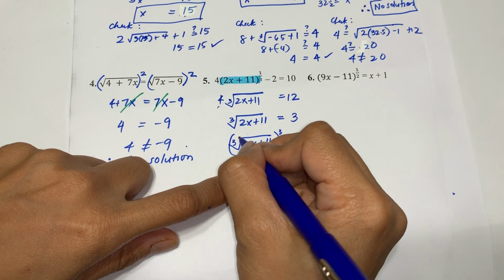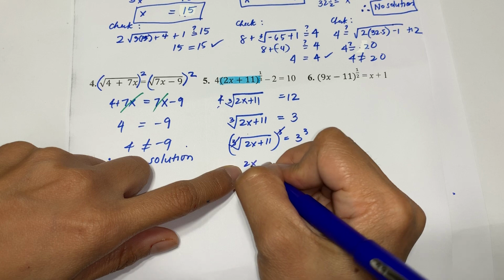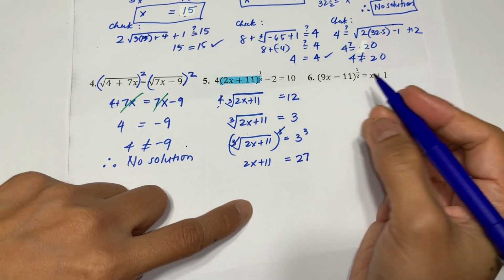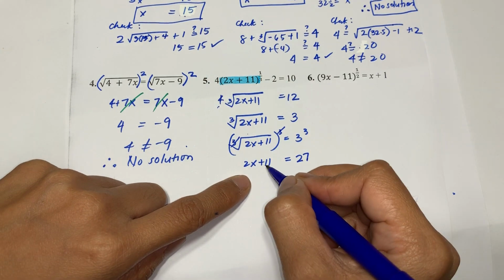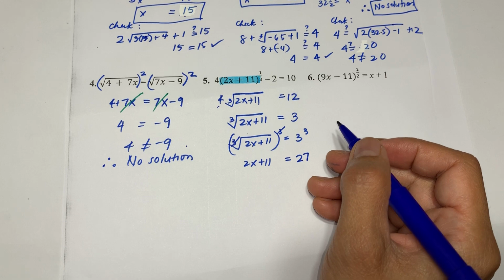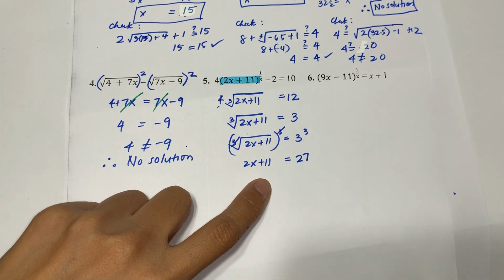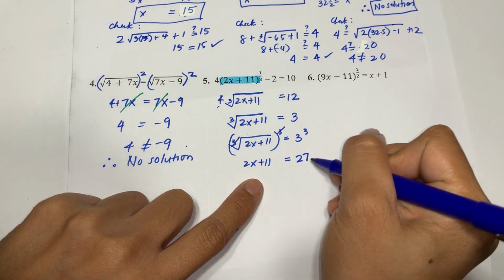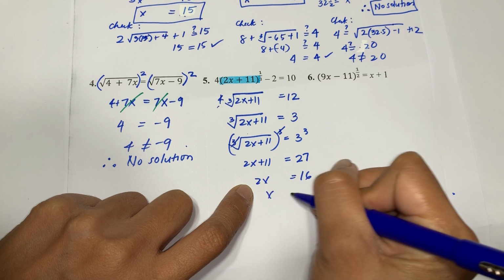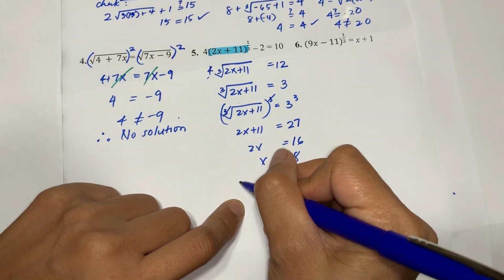So again, cube roots and cube cancels. You're left with 2x plus 11 equals 27. And then isolate the x. Not plus 11, sorry. Minus 11 minus 11. So that's 16. 2x equals 16. Therefore, x equals 8. The same thing, check your answer.